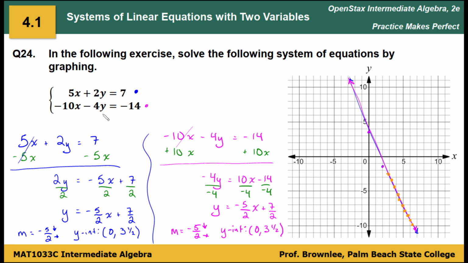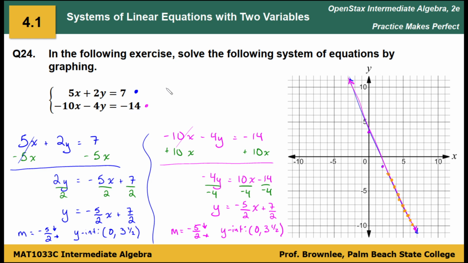And simultaneously, the same exact points make the second equation true because it's the same line, just again expressed in 2 different ways. So any ordered pair that's on the blue line is also on the pink line because they're the same line.